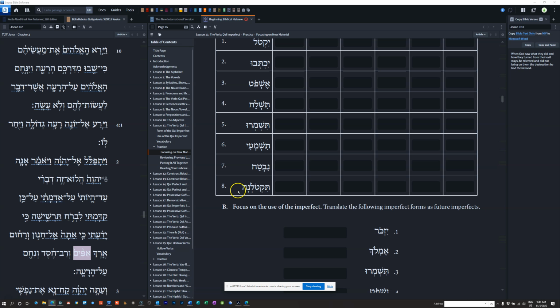So again, I tend to start with the suffix because it's more common to have a suffix than a prefix as far as the conjugation goes. So on the suffix, qamets hey, is that ever added as a suffix? Well, you know that we get a qamets hey suffix in the Qal Perfect 3fs form. If that's what this is, then nun would be our R3 letter.